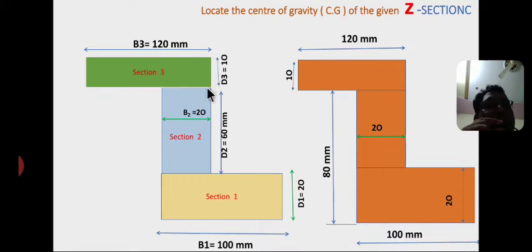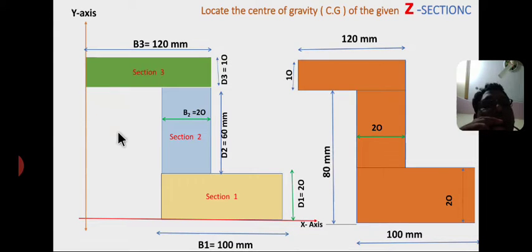From here to here depth D3 equal to 10 mm. Now I am considering the reference axes, x-axis at the bottom edge and y-axis at the left side edge. So this is the origin. In the next slide I will explain the location of the centroid.